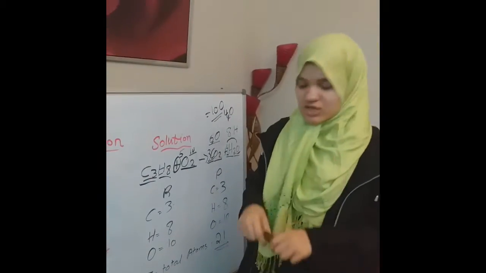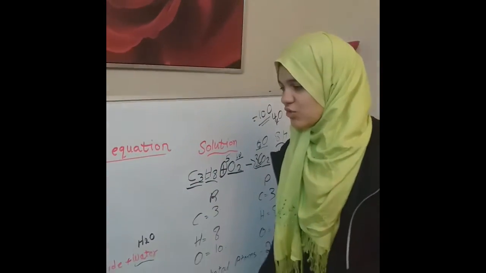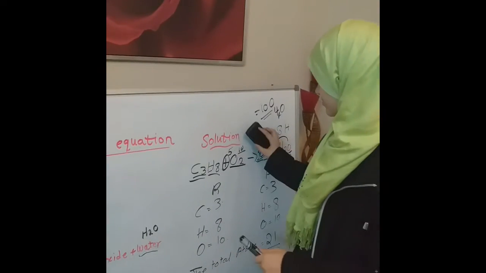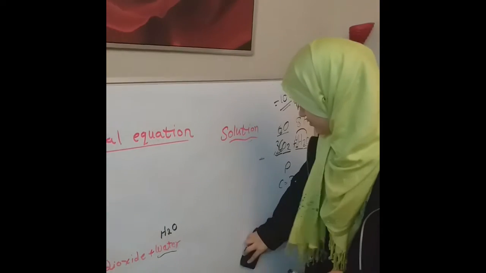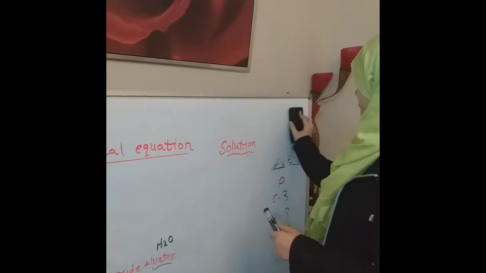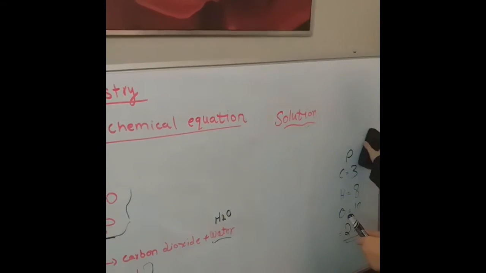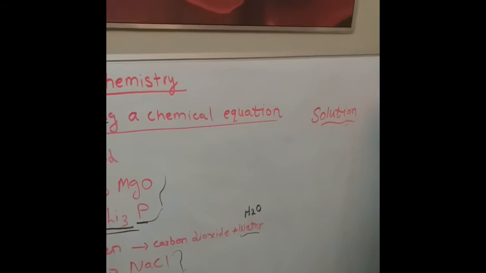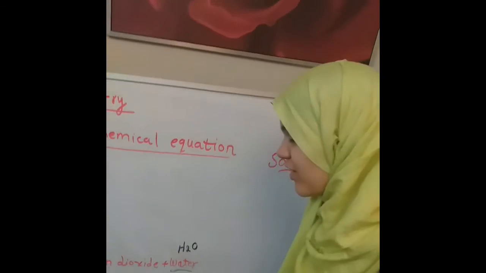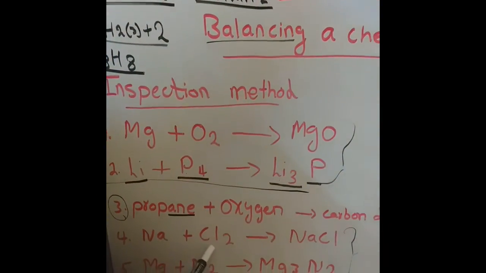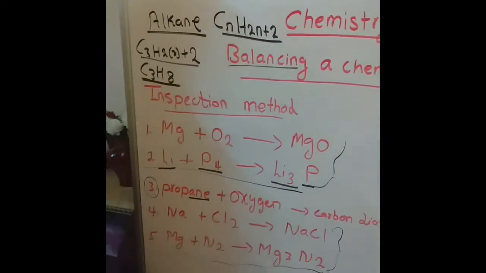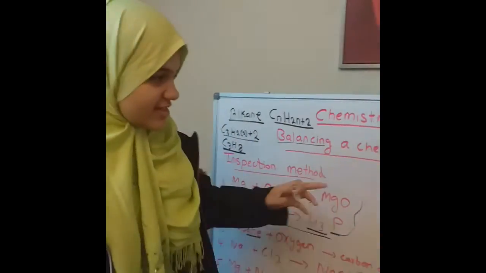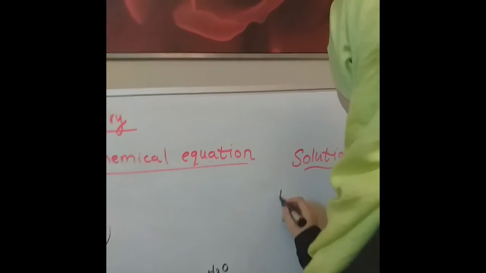So let us start with the fourth one, which says sodium plus chlorine is equal to sodium chloride. Let us start this example.